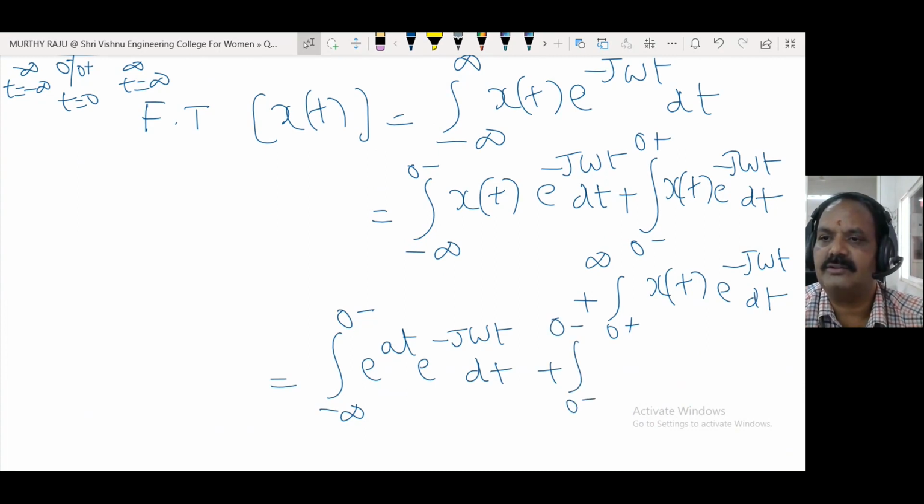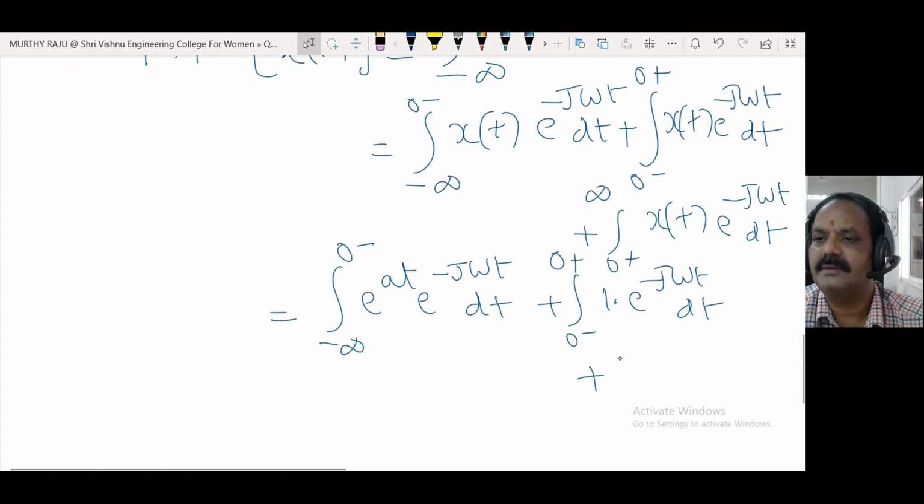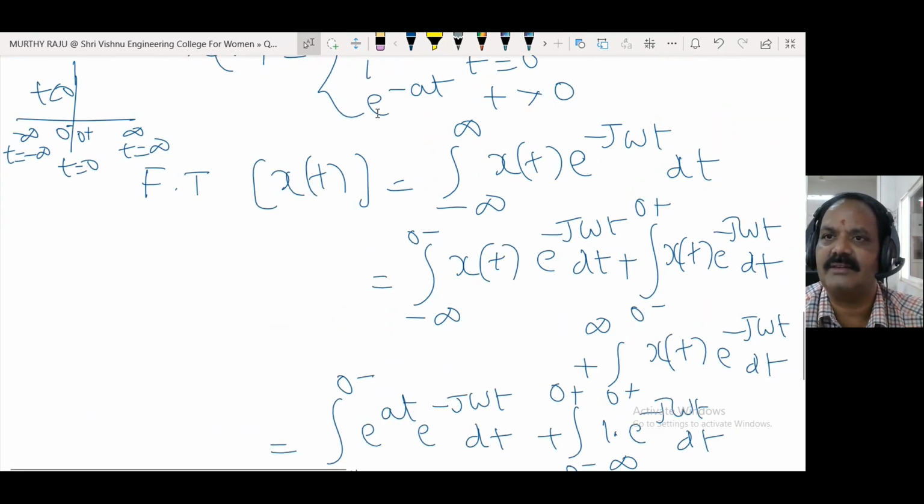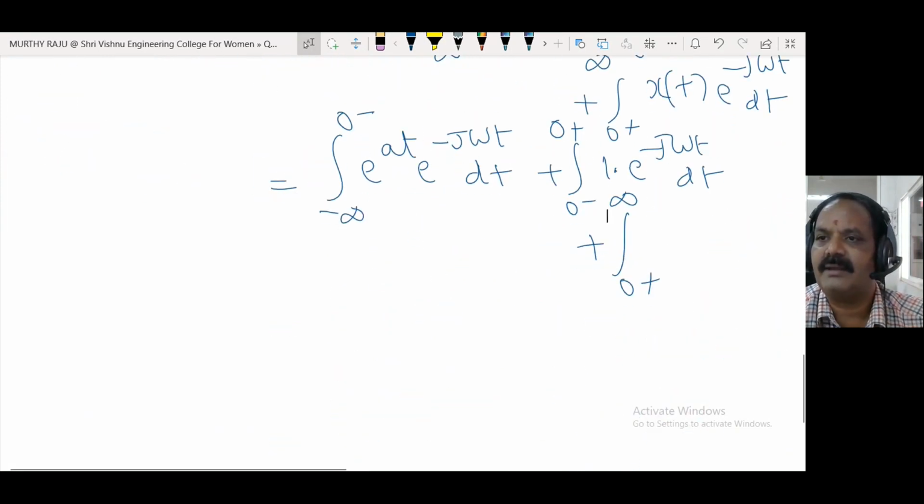From 0 minus to 0 plus, the value of x of t at t equal to 0 is 1, times e power minus j omega t dt. From 0 plus to infinity, t is greater than 0, x of t is e power minus a t, times e power minus j omega t.